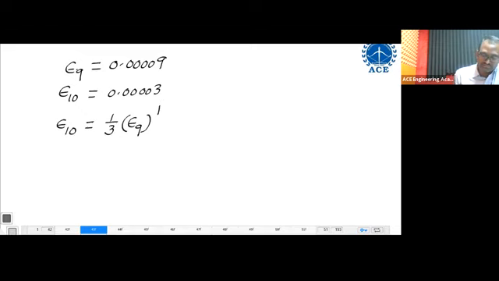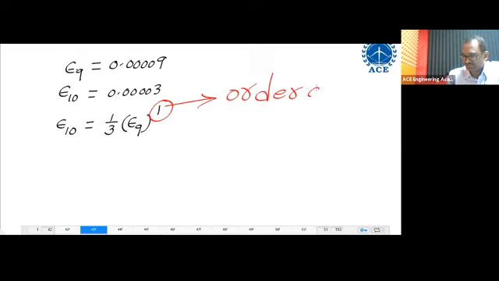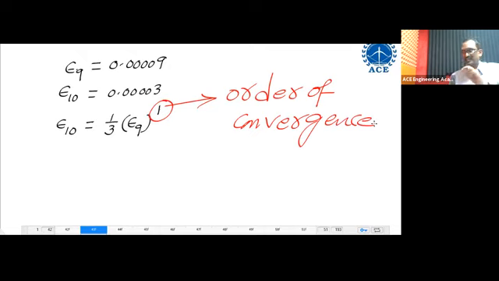This one is called order of convergence. Remember, if the order of convergence is very high, the error will be very, very small. Epsilon 9 is 0.00009. Epsilon 9 whole square, 0.00009 squared, is smaller as compared to 0.00009, and whole cube is very, very smaller.